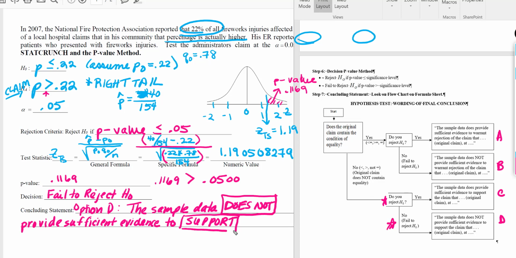So basically the sample data does not support the claim that, and remember we said his community thought the percentage is actually higher, that basically more than 22% of all firework injuries affect the eyes.